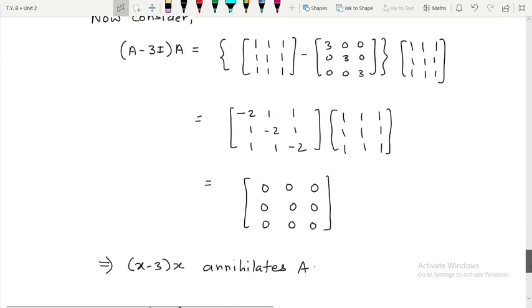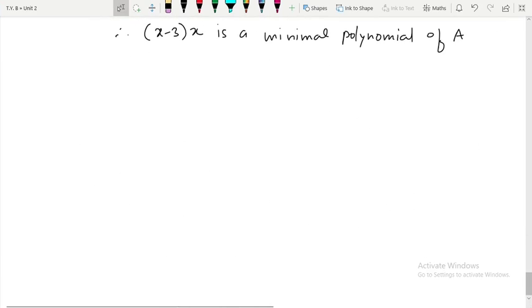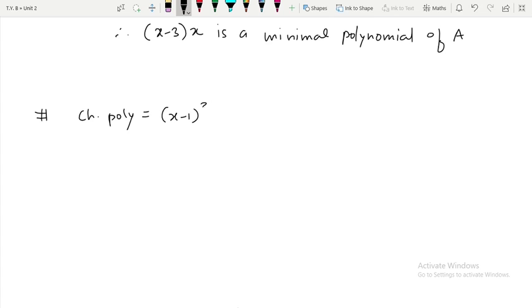So where you are going to face issues? Suppose my characteristic polynomial comes out to be something like this, x minus 1 cube. So in this case, what will be the possibilities of the minimal polynomial? There will be x minus 1, or x minus 1 square, or x minus 1 cube. So first of all, you check whether A minus I is equal to 0 or not.